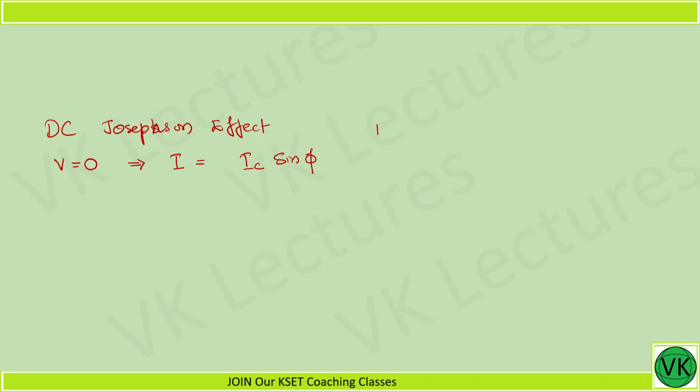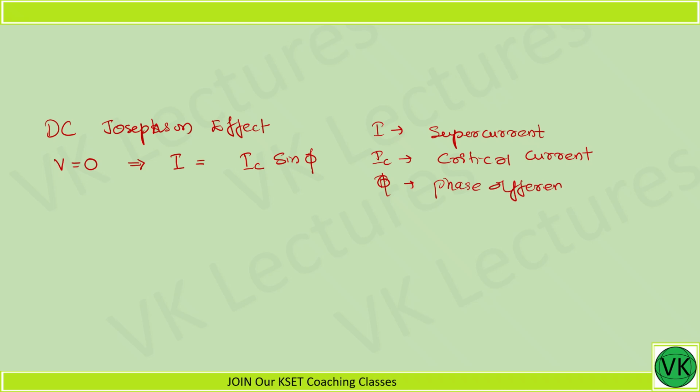Here I is the supercurrent which is flowing, Ic is the critical current, and phi is the phase difference between the two superconductors.